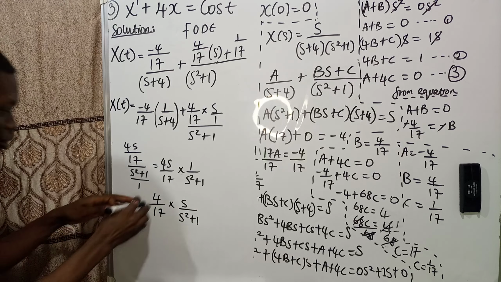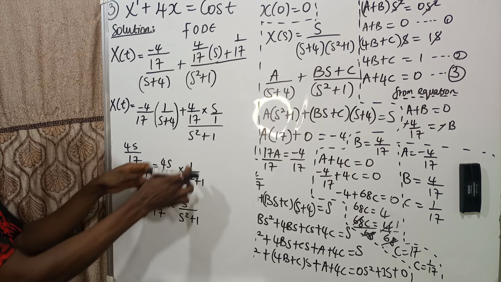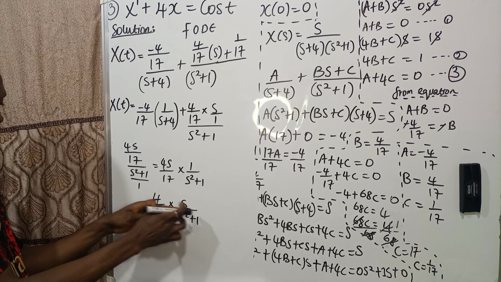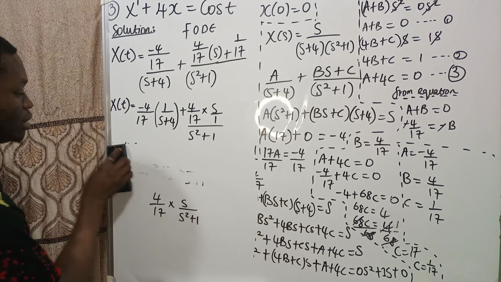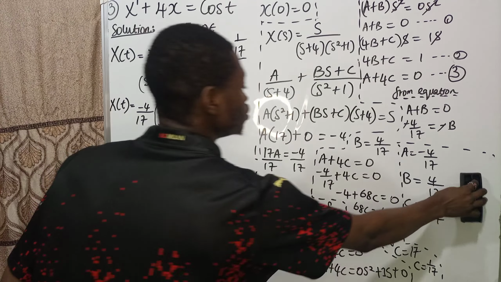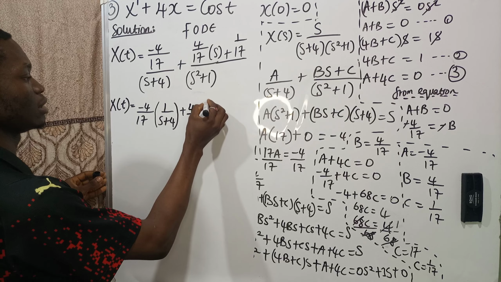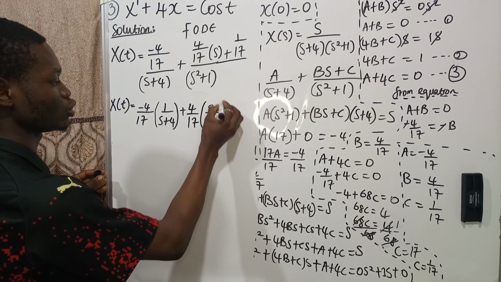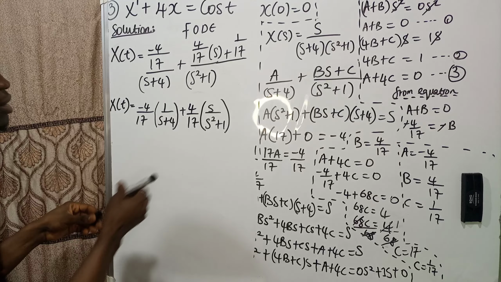It's still the same thing, because when I multiply 4s by 1, I still get 4s, and if I multiply 4 by s, I still get 4s. So that's the trick behind it.